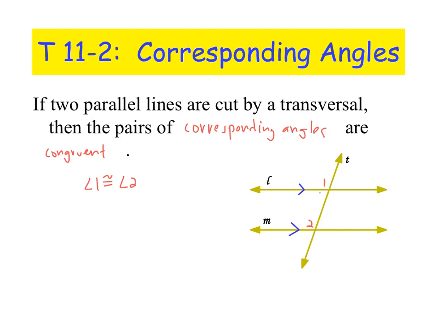The next set, angle 3 is congruent to angle 4. Then 5 and 6, angle 5 is congruent to angle 6. And the last set, angle 7 is congruent to angle 8. Those are all of the pairs of corresponding angles, and when parallel lines are cut by a transversal, these corresponding angles are congruent.